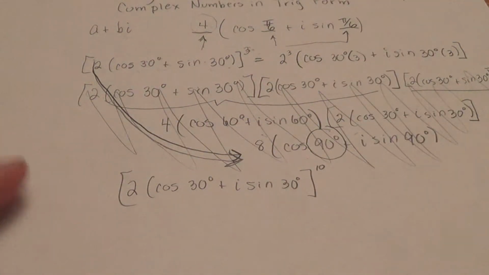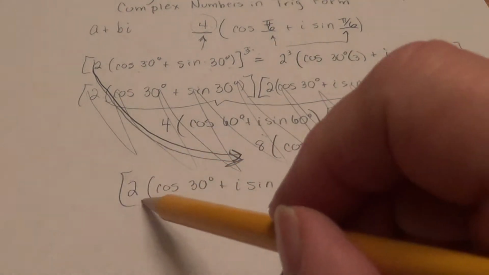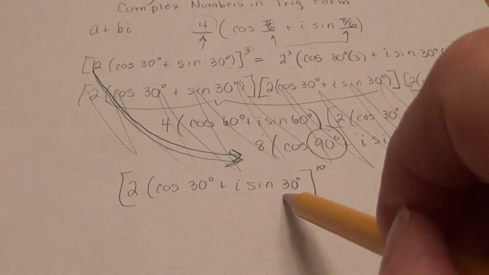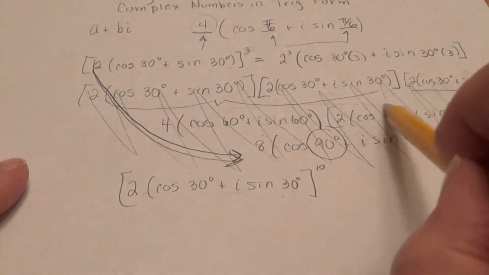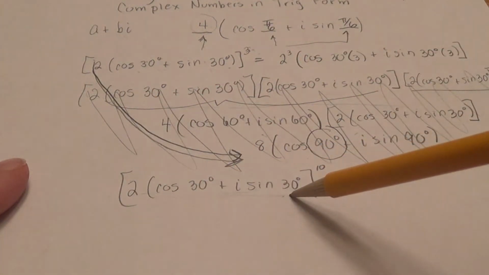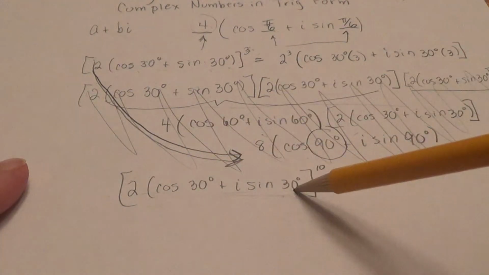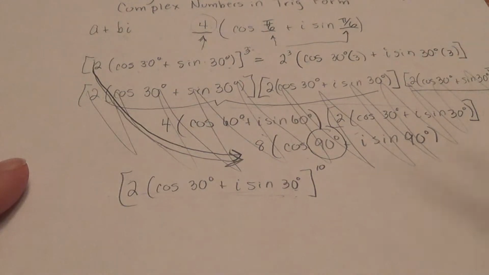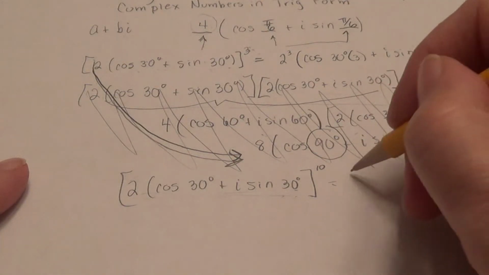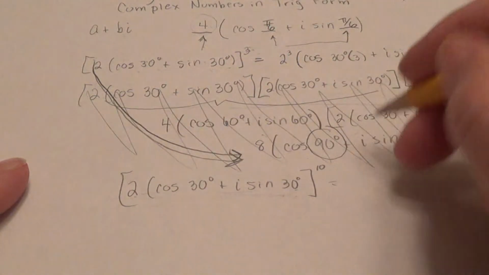So imagine if I was doing this without this theorem. I would have to multiply this times itself, like we did here, then that answer times itself, and that answer times itself, 10 times. But with this theorem, I can do it in one easy peasy step.